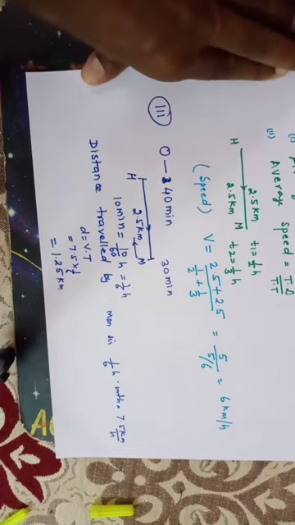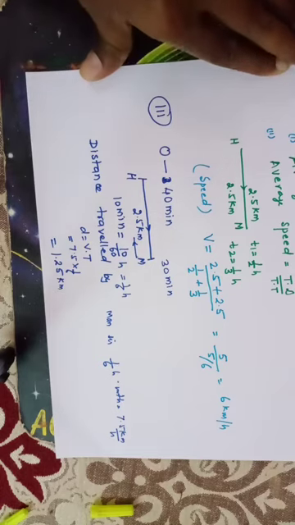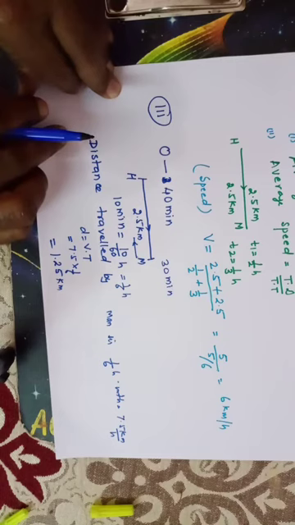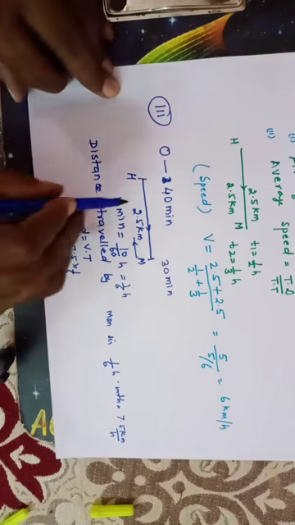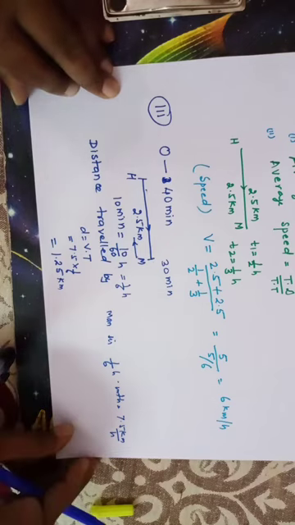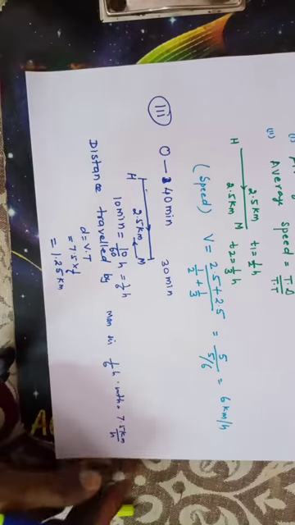So he has to travel 1.25 kilometer. Now we will calculate the total distance. Total distance will be 2.5 plus 1.25, so total distance will be 3.75.